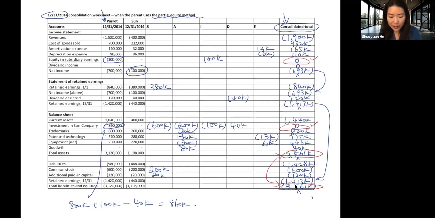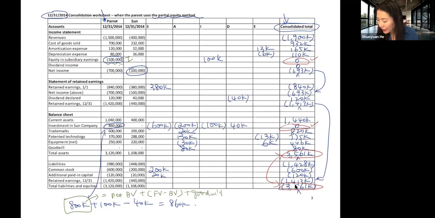There's one last thing I want to mention. Similar to the previous ones, let's first look at the equity in subsidiary earnings. This account is eliminated totally by consolidation entry I in the consolidation process. And your investment account, this 800,000 again, is made up of your net book value plus the difference between fair and book value at the date of acquisition plus goodwill.